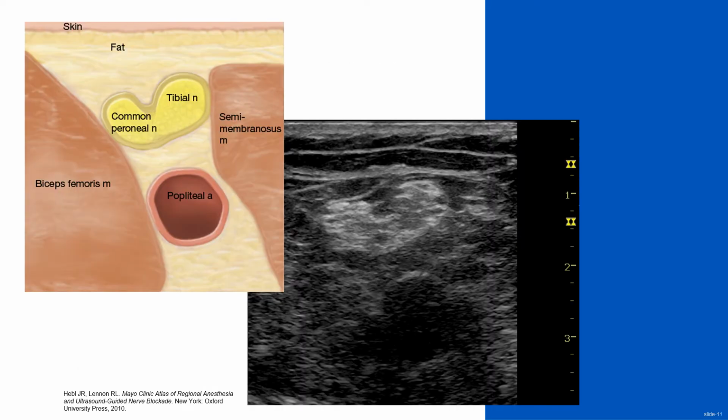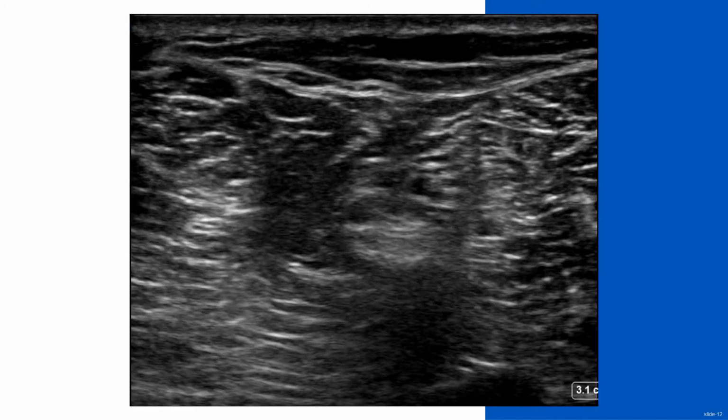In this side-by-side picture, you can see the common peroneal and tibial nerves directly overlying the popliteal artery, as well as lying between the semimembranosus muscle and biceps femoris muscle, similar to what was seen in the previous slide. This video will demonstrate how the tibial and common peroneal nerve interact with each other as you scan up and down the leg.